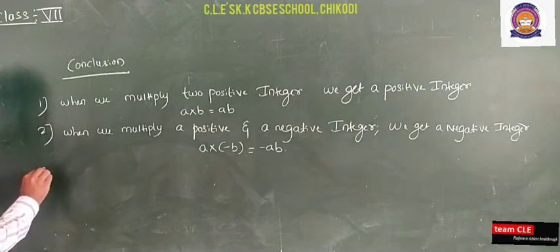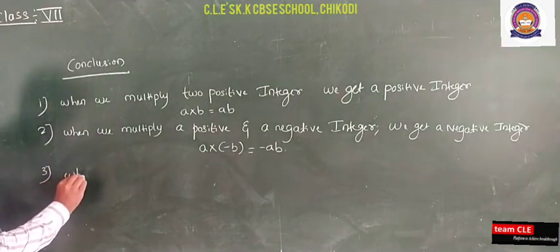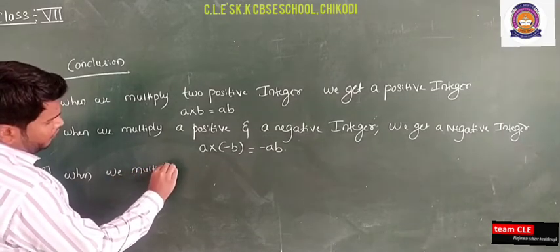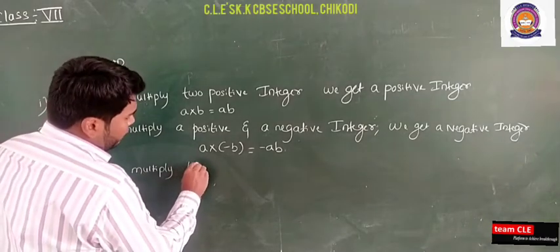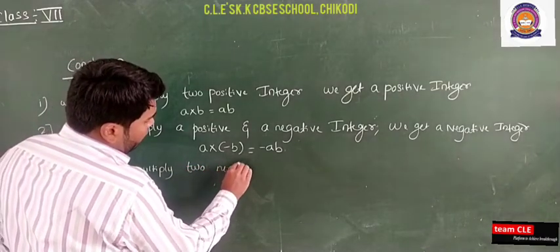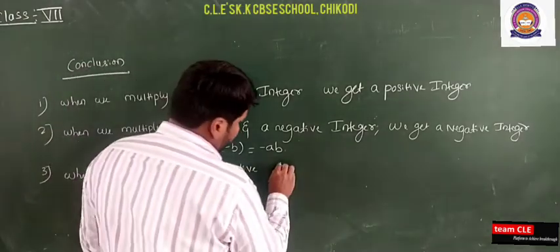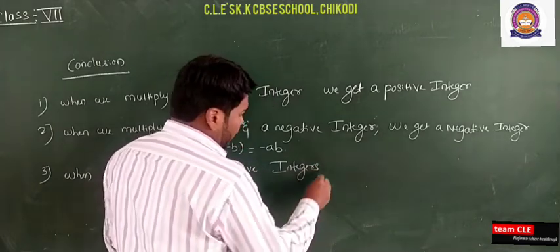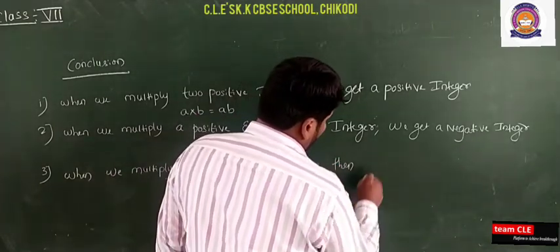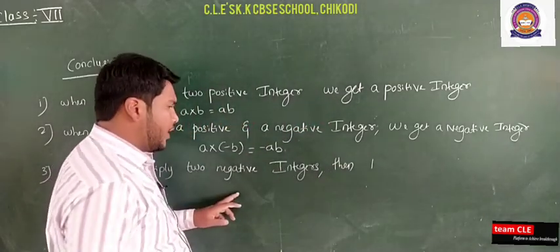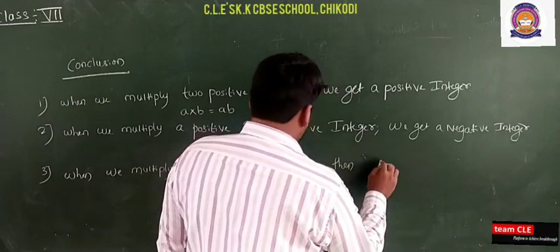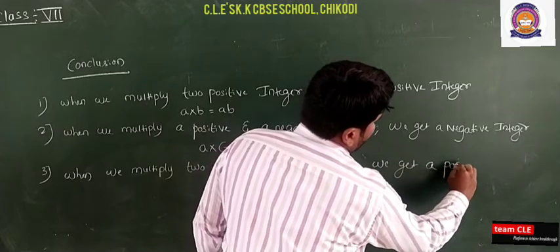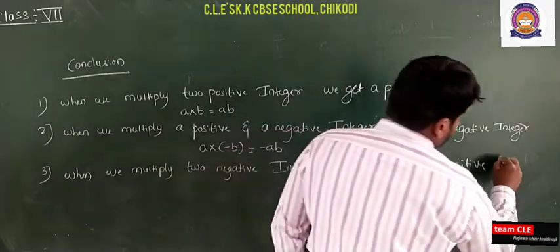Similarly, the last one, when we multiply two negative integers, then we get a positive integer.